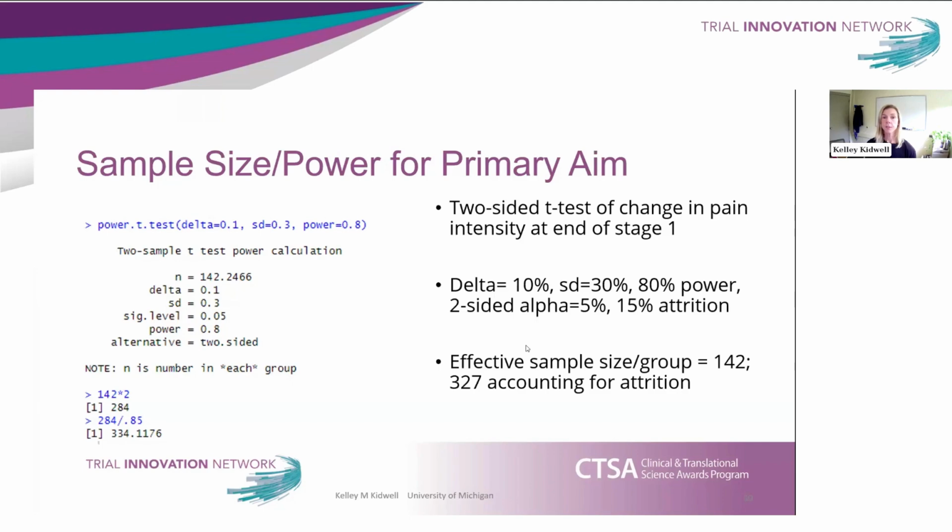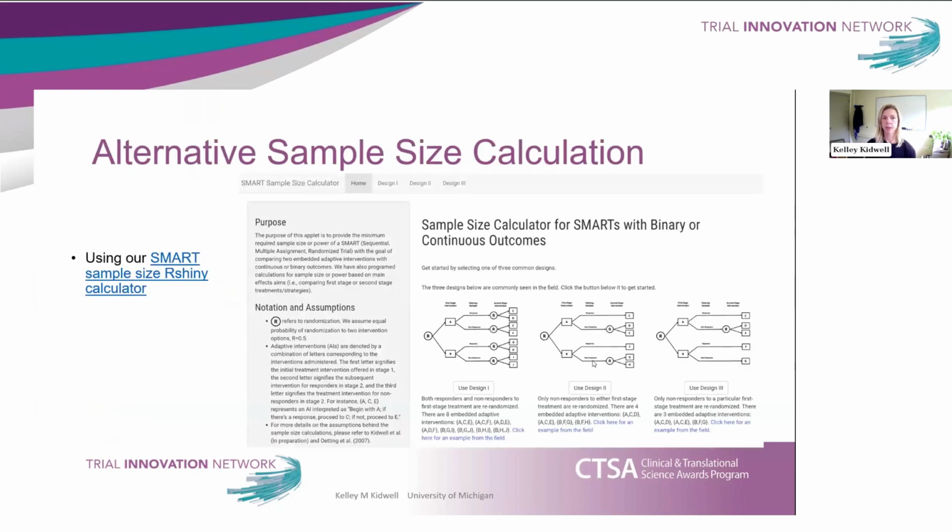Now, if, however, you happen to have other types of questions, particularly regarding the dynamic treatment regimens, and wanted to size that trial, we have a really beautiful R-Shiny sample size calculator for the 3 most commonly used SMART designs. So I'm happy to share these slides. Also, the link is actually written out on the next slide.